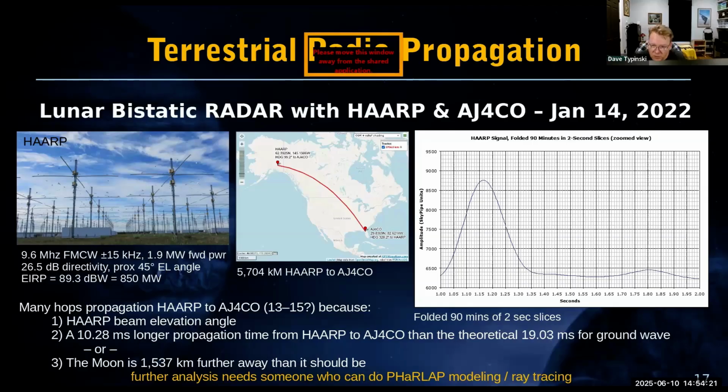So we're thinking maybe 13, 15 hops from there to Florida. So it's an open question what this data is actually showing. But the fact we were able to integrate the signal over time, get some nice humps that you could get actual blips out of, and actually radar range the moon. That's pretty cool.